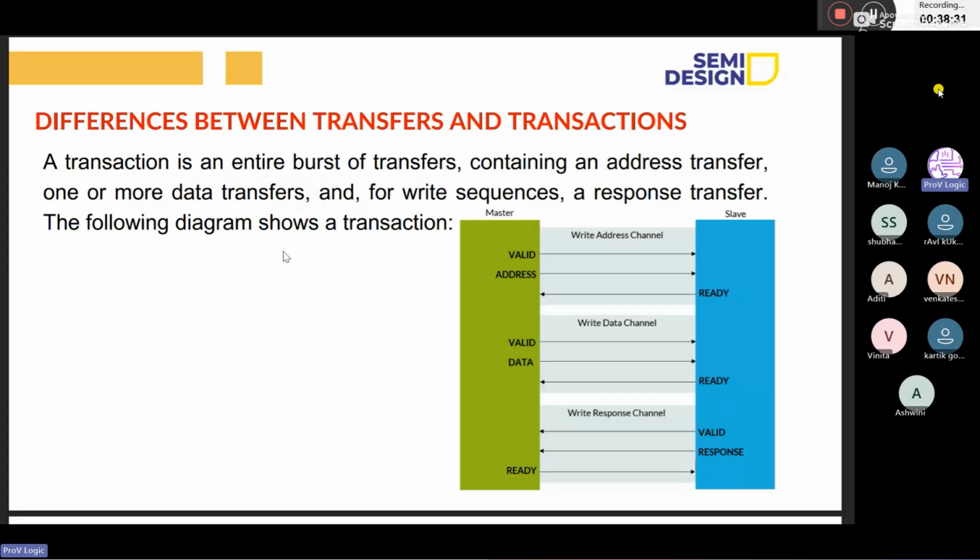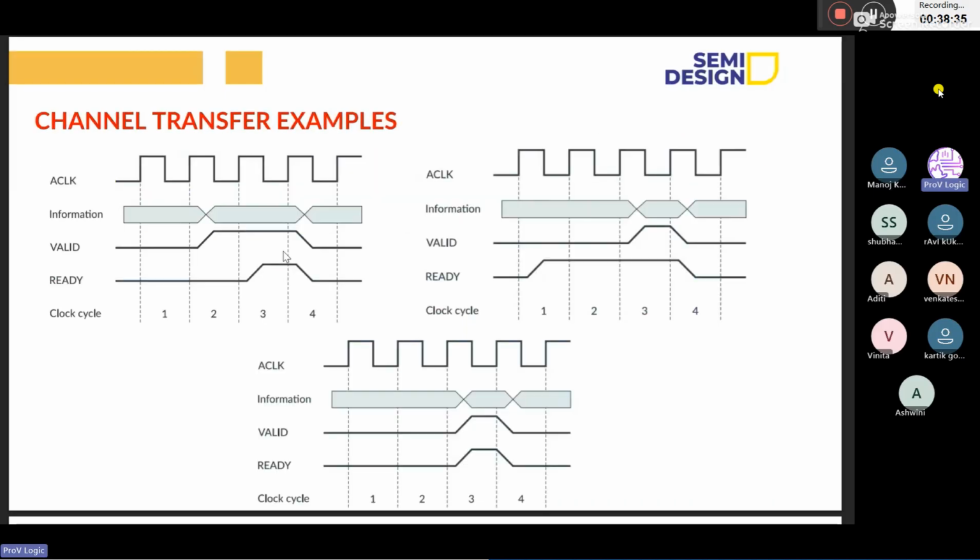So did you get the difference? What is meant by transfer and transaction now?